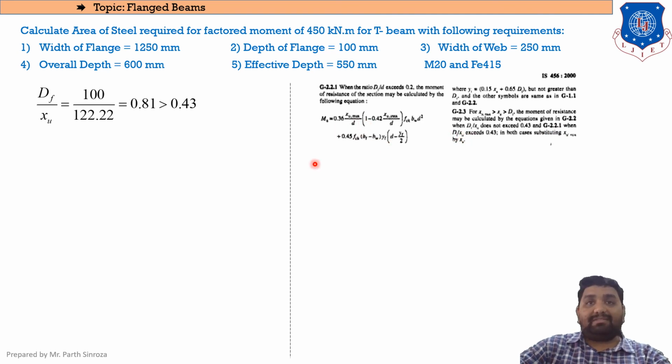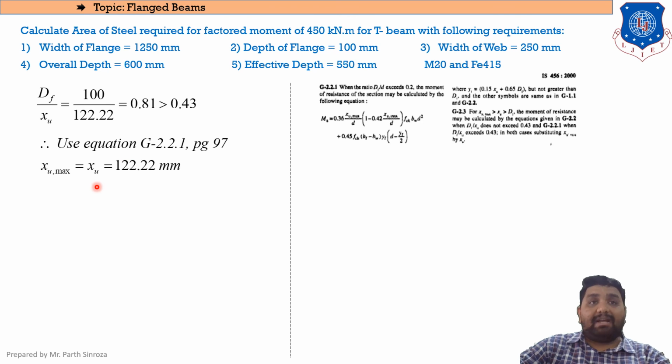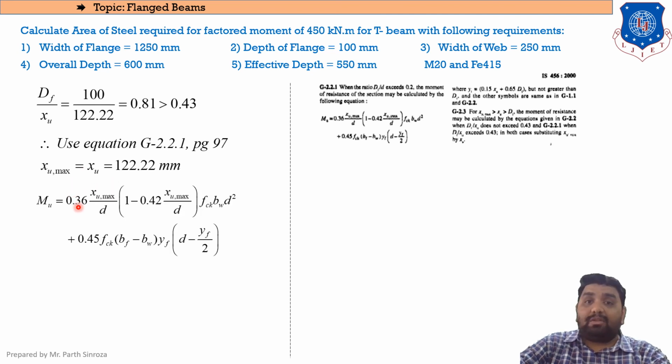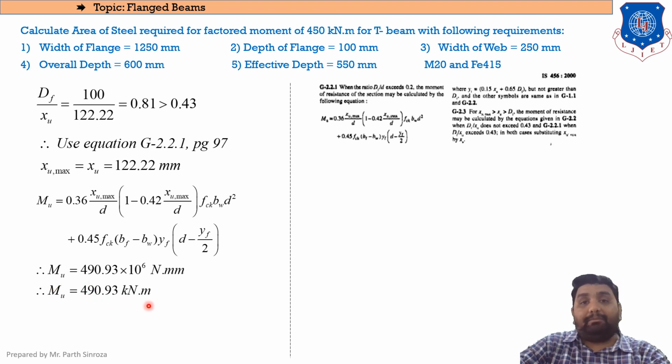Clear? So we will be using this equation that is given in G2.2.1 of page number 97. Keep in mind we have to replace the term XU max by XU. Substituting everything in the equation given on page number 97, we get MU equal to 490.93 kilonewton meter.